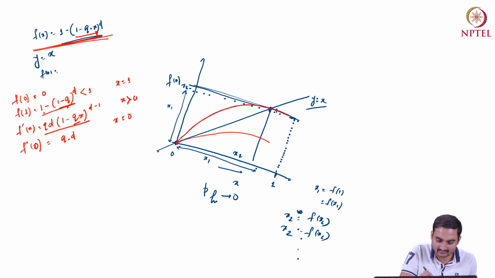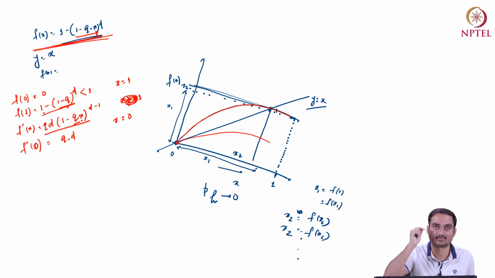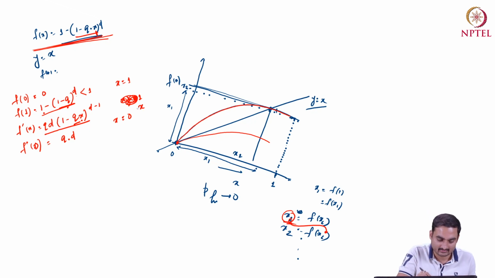What is x? x is the first probability from where you started, and then you get this one, then it will again come here and so on. So x is also a probability and ranges between 0 and 1. q also is a probability and ranges between 0 and 1. So this would be less than 1, right?